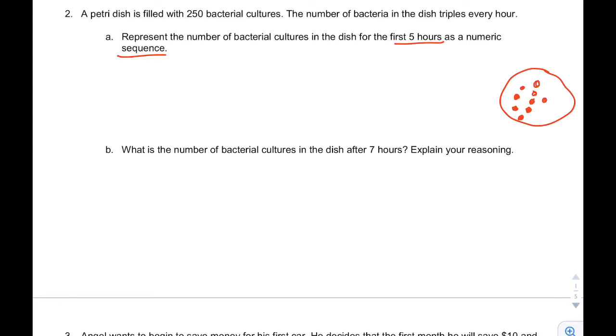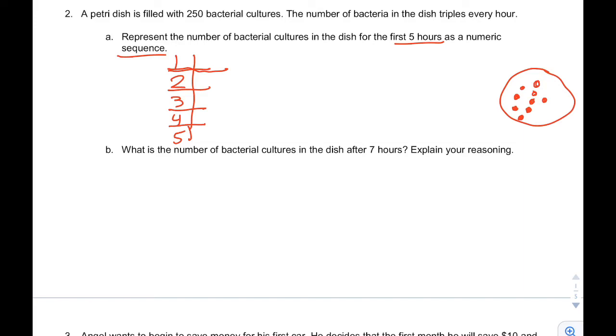All right, so that's a similar situation that's going on here, but obviously in the actual problem we have a lot higher number of bacteria. So represent the number of bacterial cultures for the first 5 hours. Now, I always think it's a good idea to start with a table with sequences, because it's a little easier to understand what the actual first term value is going to be.